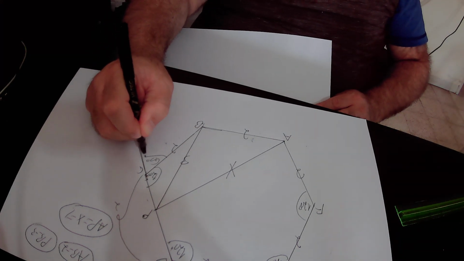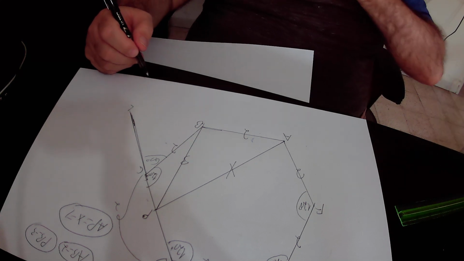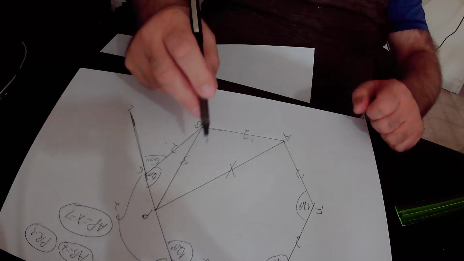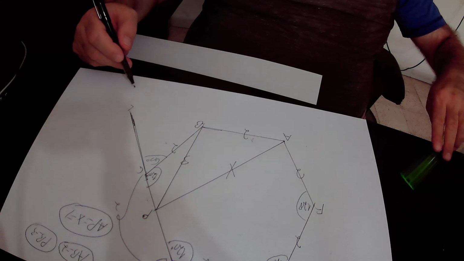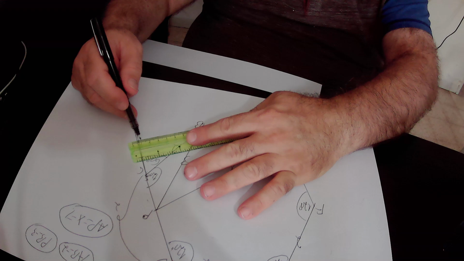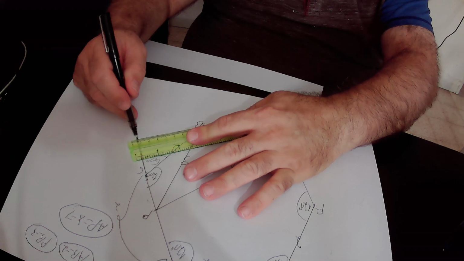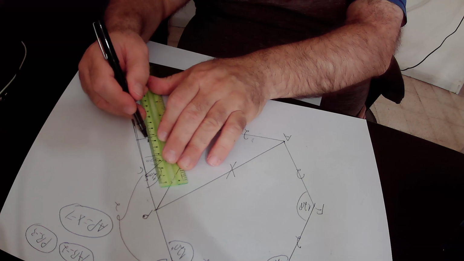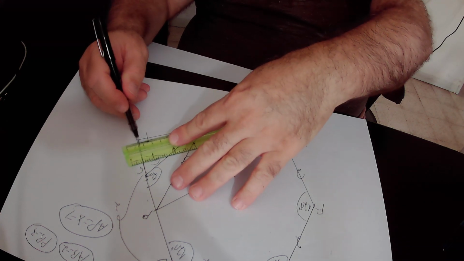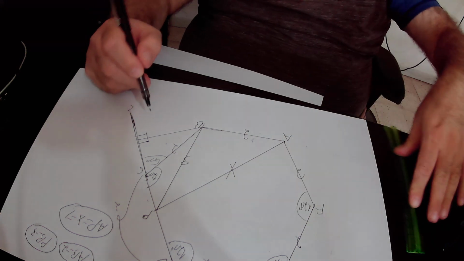In the next step, we'll draw a perpendicular from point B on DL. So here, this angle equals 90 degrees and this angle equals 90 degrees according to our construction.